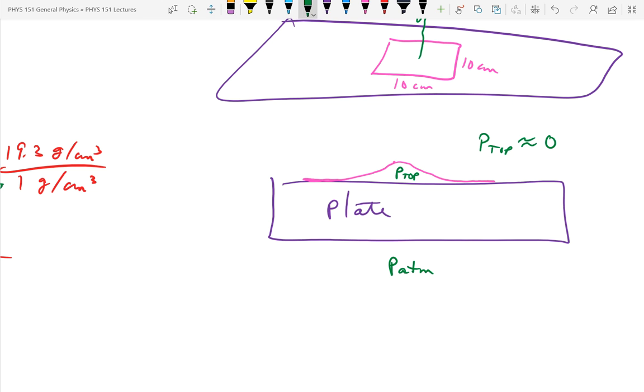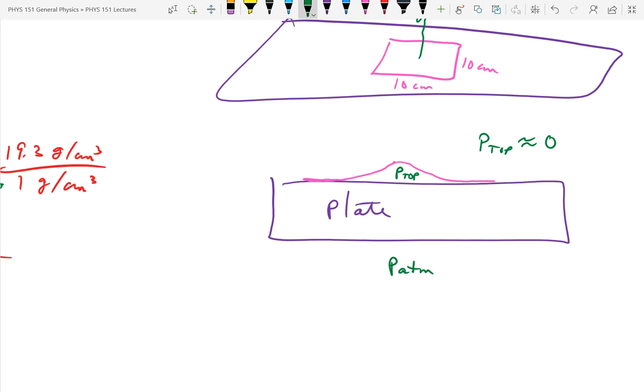Now, normally with this plate, we have atmospheric pressure all over the bottom and all over the top. But now we're changing because we're reducing the pressure just in the area of the suction cup. So I'm only going to use the area of the suction cup for my calculation of force on the top.